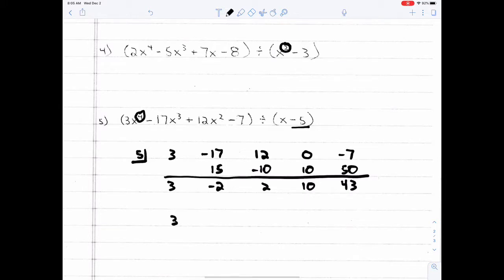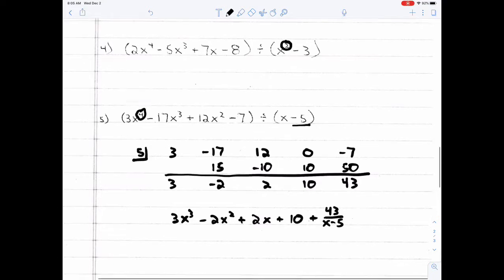So it's 3x to the third minus 2x squared plus 2x plus 10. And then the remainder is 43 all over x minus 5. Okay? So that's really about it.